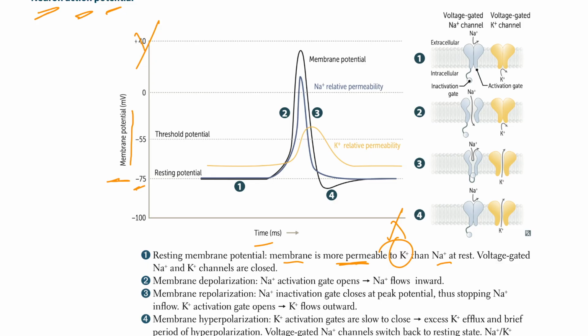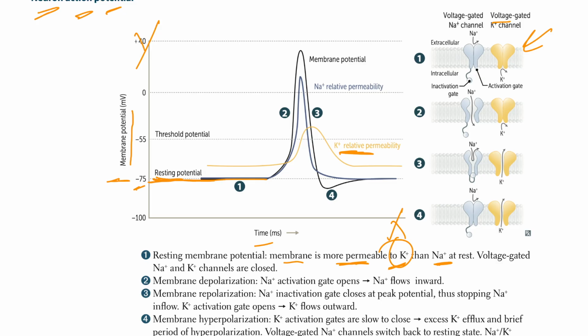Looking at this picture here, what do you see? We said the membrane is more permeable to potassium than to sodium at rest, and these two channels are voltage gated, and they are all closed. So at point 1, the resting membrane potential of negative 75, you have permeability to potassium, but not through the voltage-gated channels, because they're all closed.